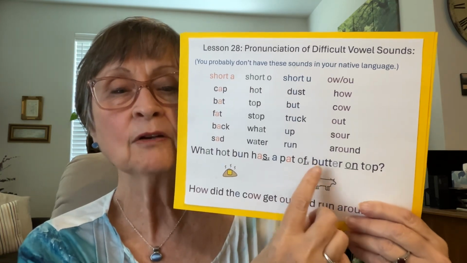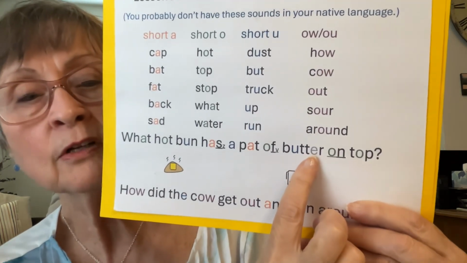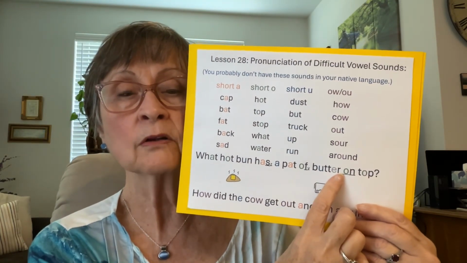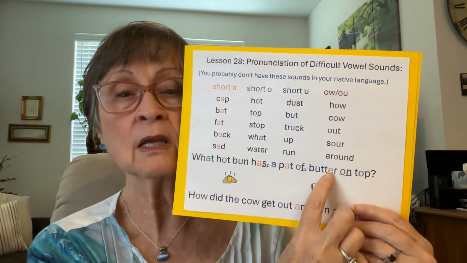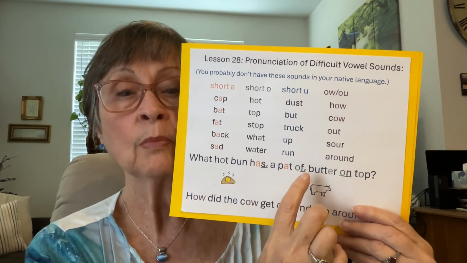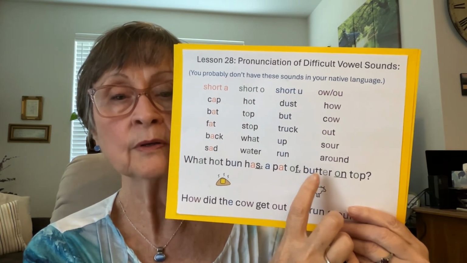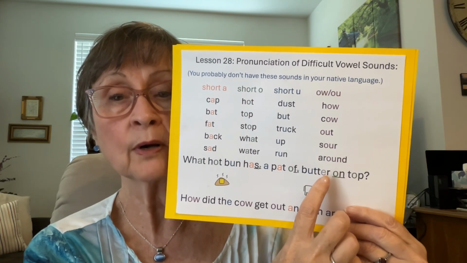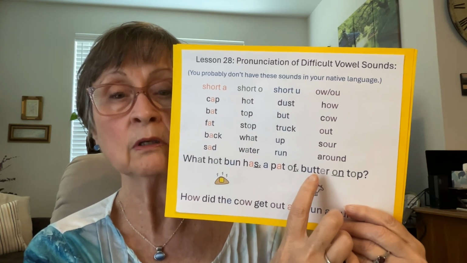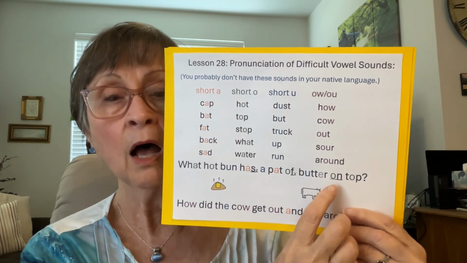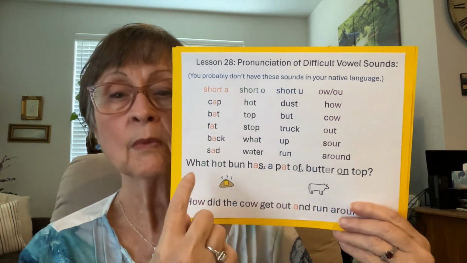Okay. Now notice that on this E right here, I just made it gray because when an R follows it like that, you don't even hear the E at all. It's butter. The double T often, when it's between two vibrating sounds, we change to D. So we pronounce it butter, butter on top. One more time.